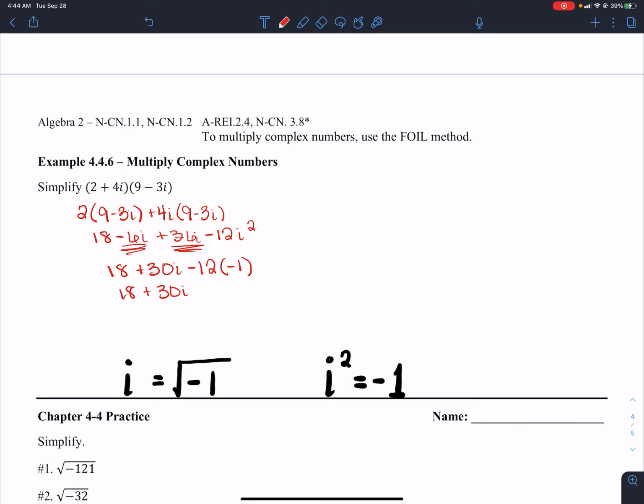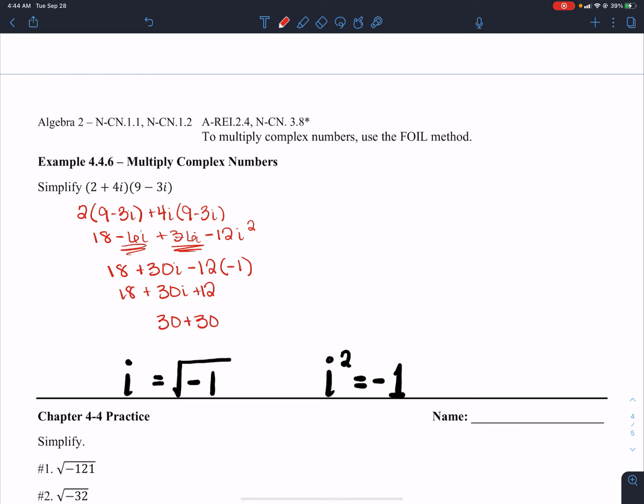Negative 12 times negative 1 gives me positive 12. 18 plus 12, okay, we get 30. My goodness.